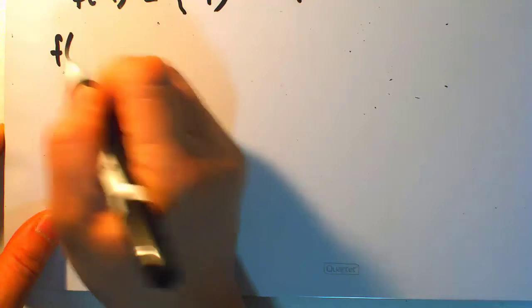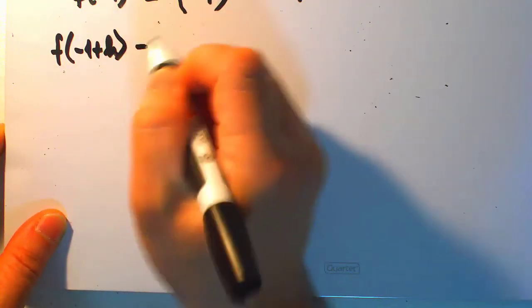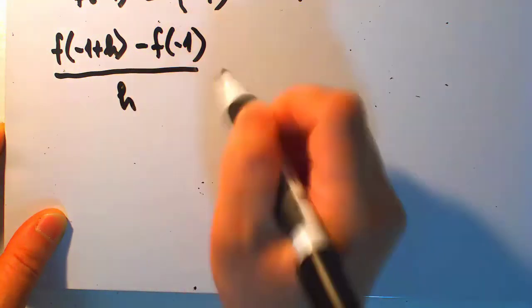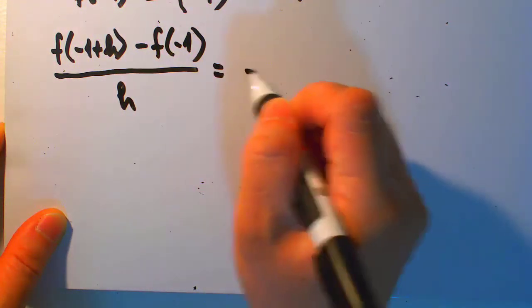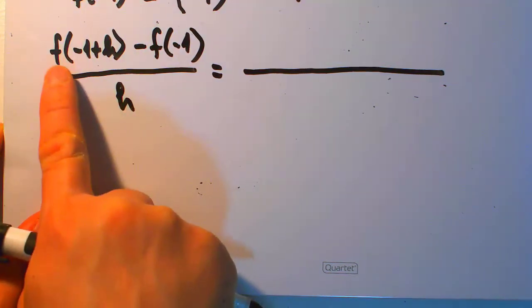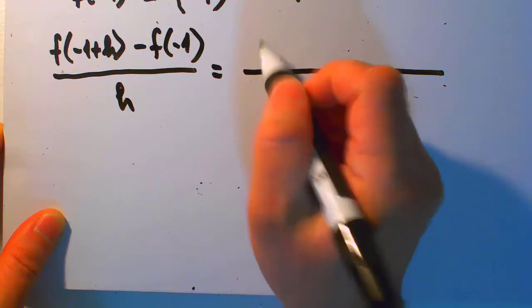The setup says f of negative 1 plus h minus f of negative 1, divided by h. So what we need to do is take our work previously for whatever comes out of f of negative 1 plus h, and put it here in place of that evaluation.